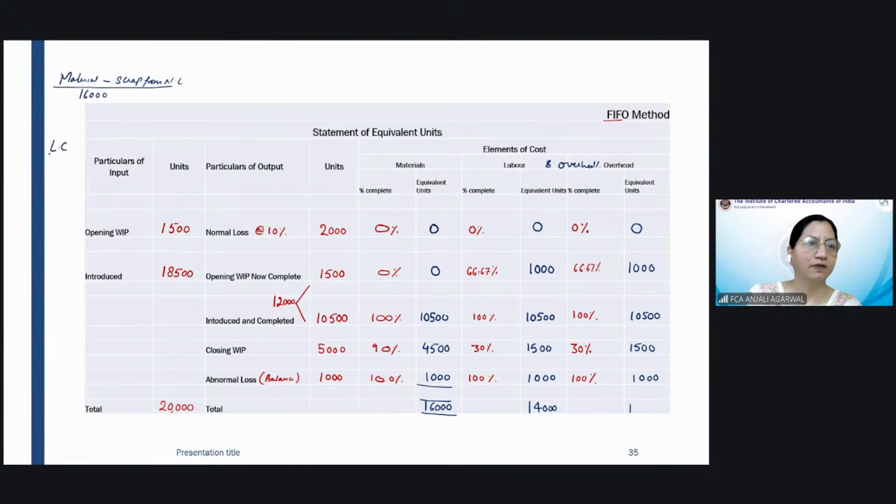Labor cost divided by 14,000. So even if you have combined labor and overheads, don't forget to write the overheads cost divided by 14,000 units of equivalent units of overhead. Right? So this is how you prepare a statement of equivalent units, FIFO method.